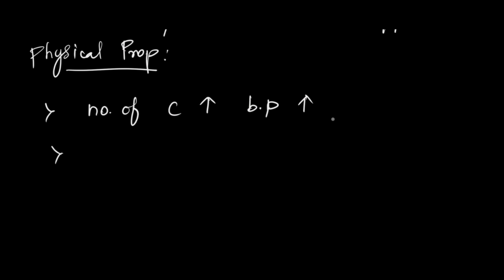What if I have branching, like we saw in 2,2 or 2,3, or more than that? What if I have more branches?